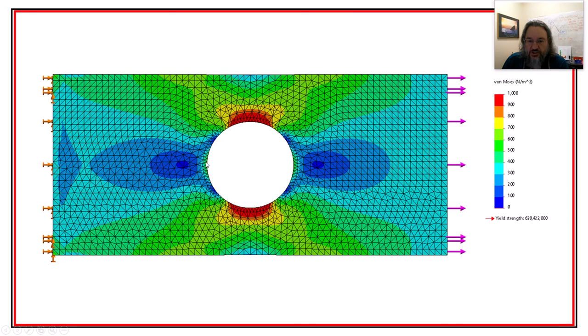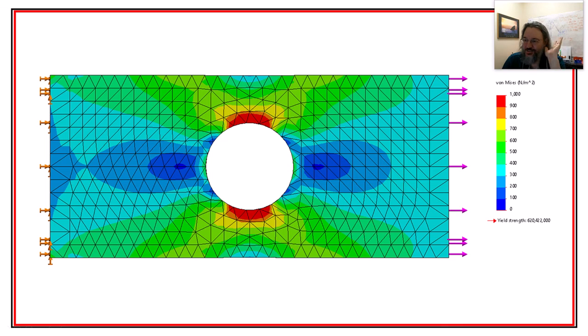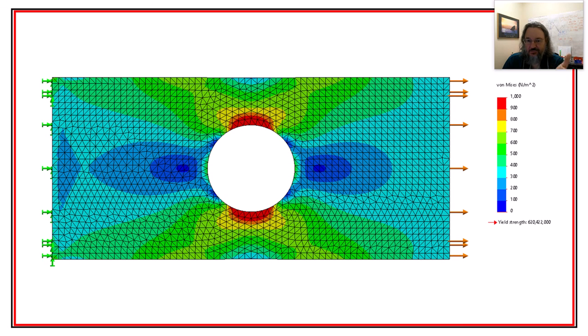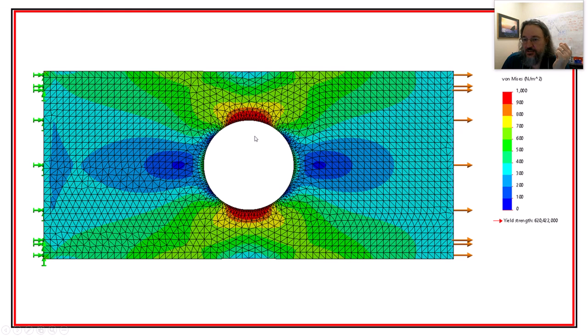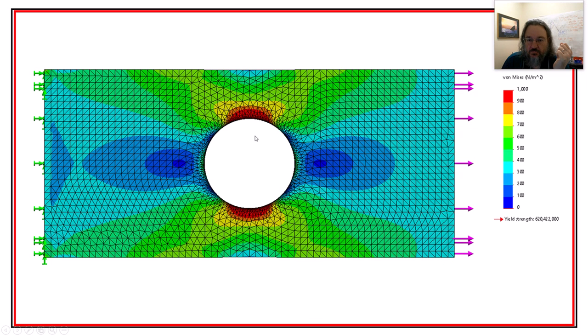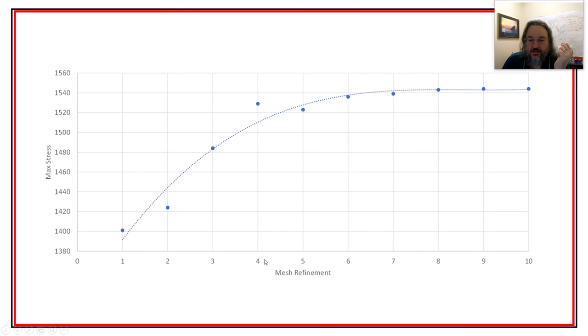I applied a mesh control, and these other ones I just globally said make a smaller element size, and then I said, okay, no, right here locally, because that's where the stress is high, that's where I would want to increase the refinement. And I did it some more, and some more, and some more, and then I plotted them out, and I'm just numbering on the bottom my attempts.